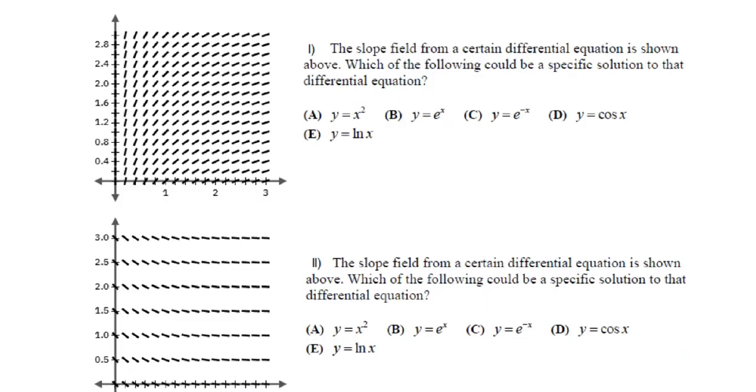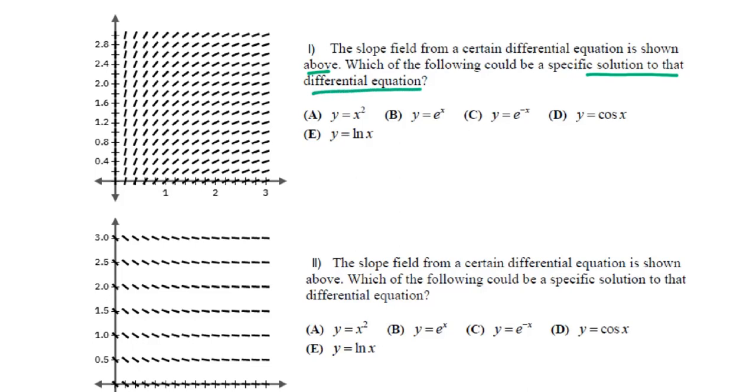Now I will go over more how to match the differential equation with the slope field. The slope field from a certain differential equation is shown above. Which of the following could be a specific solution to that differential equation?